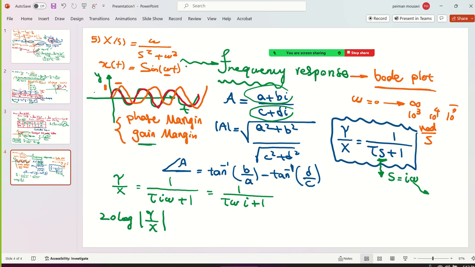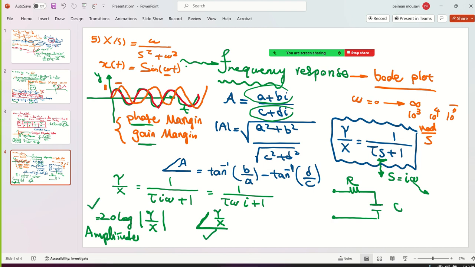Then just below that, we plot the phase angle of Y over X. By doing this, eventually today I'm going to show you that the RC circuit I was teaching you is a low pass filter, and you're going to have lots of fun.